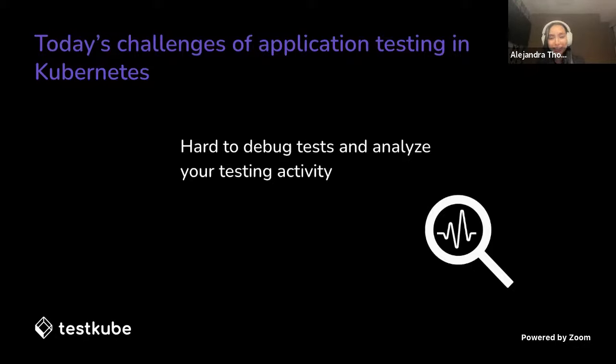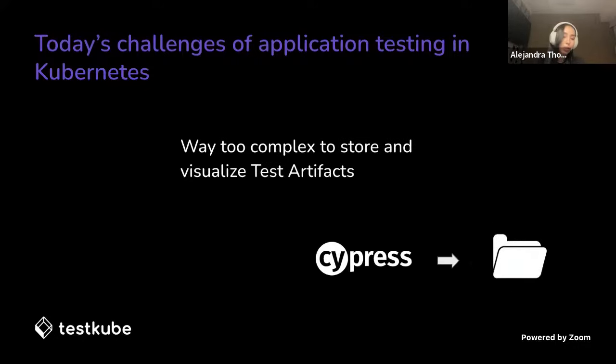Because each tool has its own execution and reporting style, and your developers and testers end up having to navigate through pods for your logs, like looking for a needle in a haystack, right? Adding to that, every time you want to run or debug a specific test, you find yourself having to build and execute the entire thing all over again.